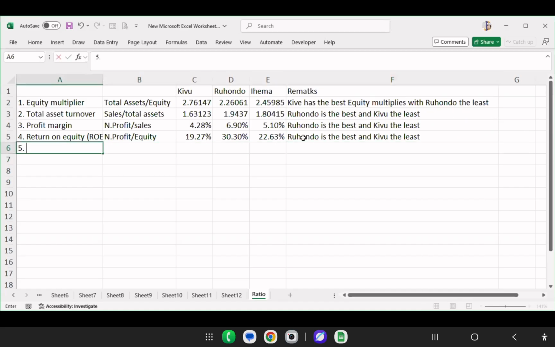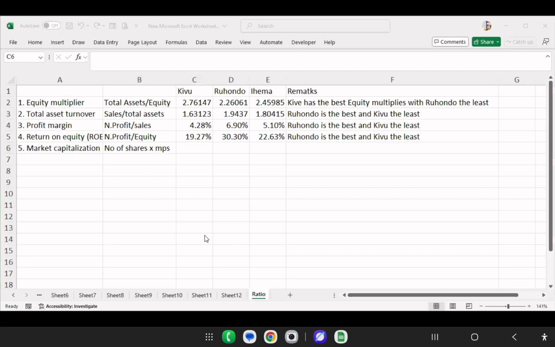Number 5. Ratio number 5, again from the question, market capitalization. For this one, we say it is equal to number of shares multiplied by the MPS, the market price per share.